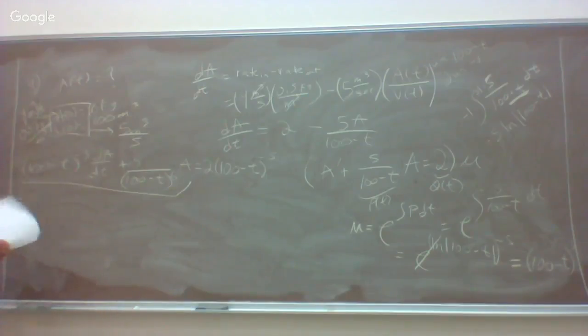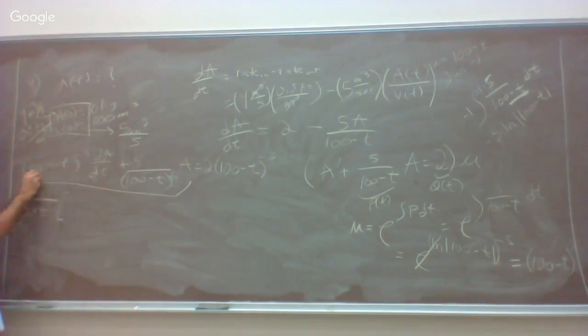So all of this is sort of a review, but what do we do right here? Reverse product rule. So that's equal to the derivative of what two things?